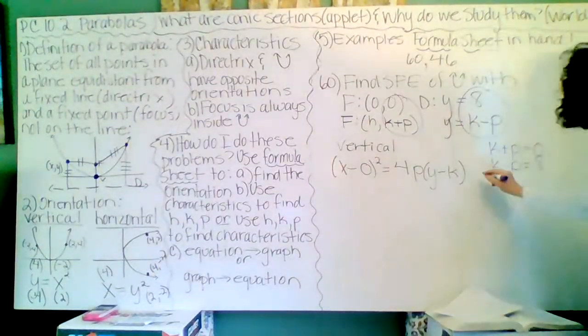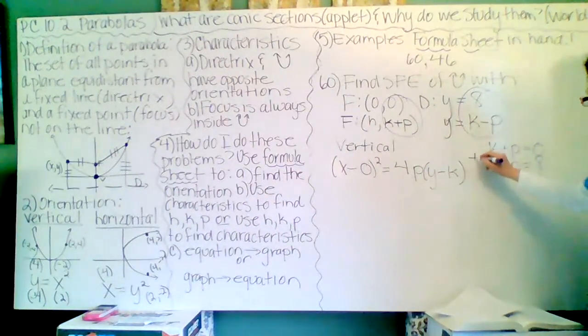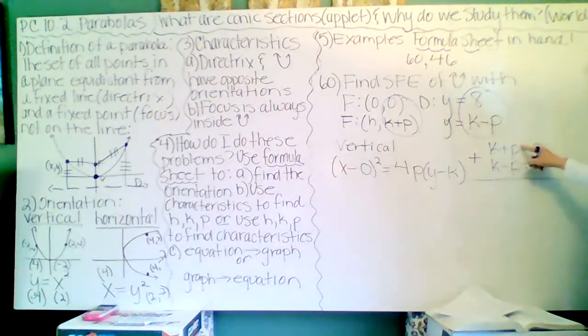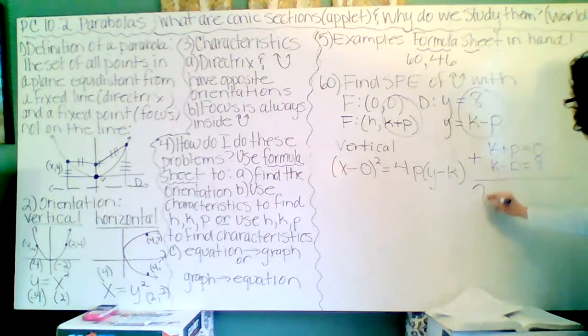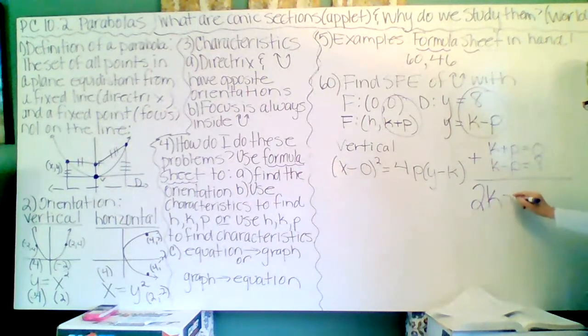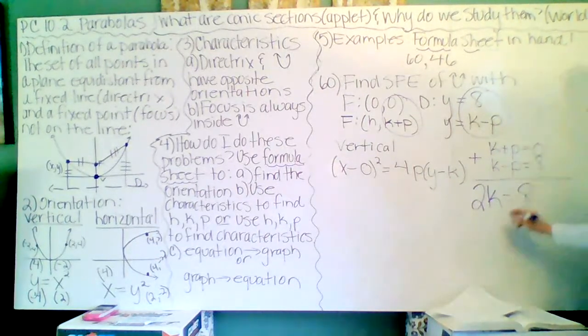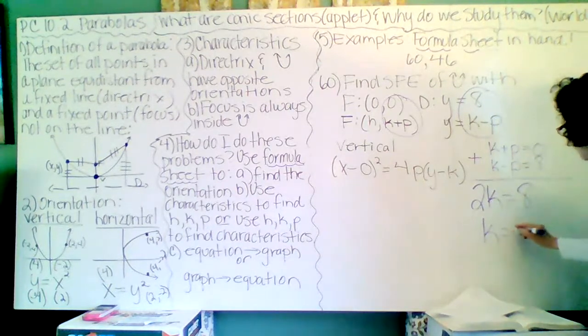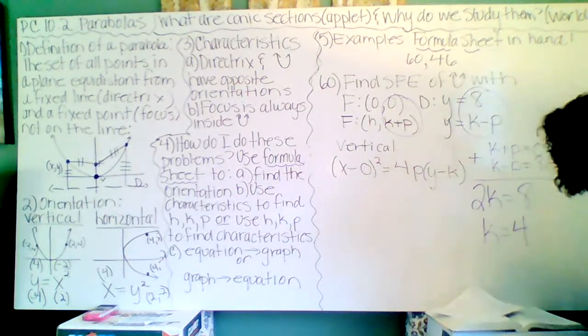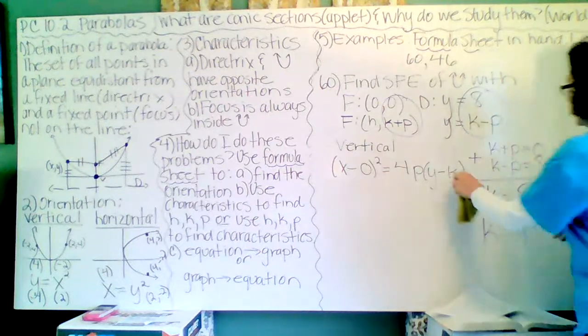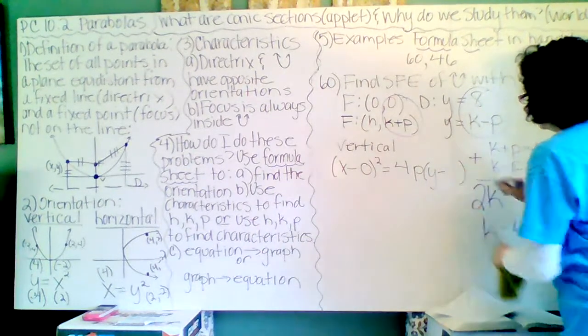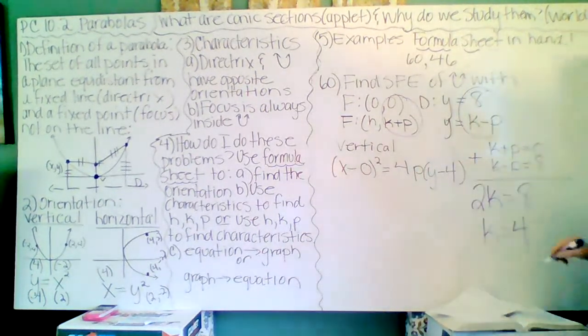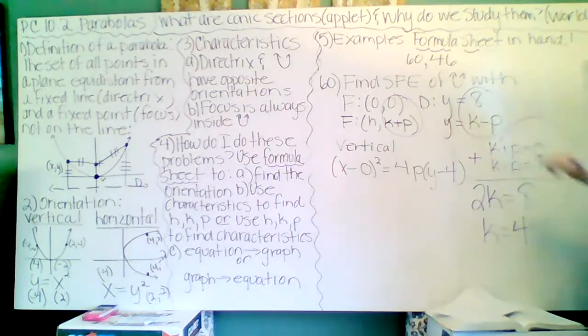Let's take a look. When I add up these two equations, because the p's eliminate, I get 2k equals 8, and I get k equals 4. I'm going to put that right here for k. And now that k is 4, I can put it back into the equation.